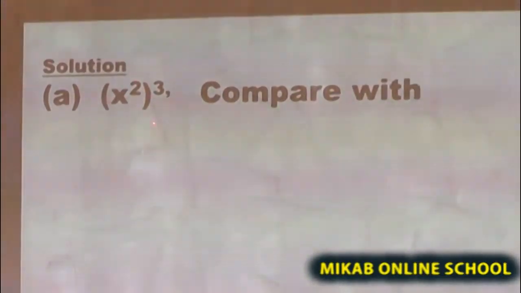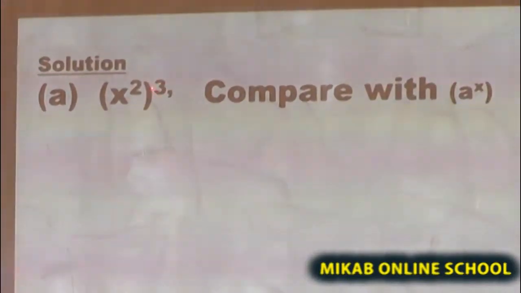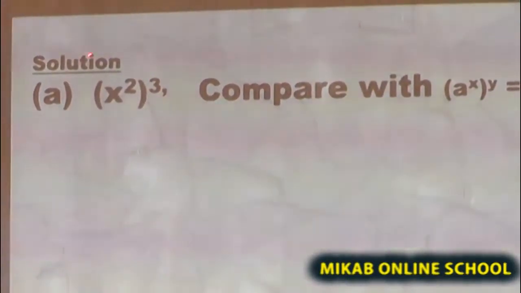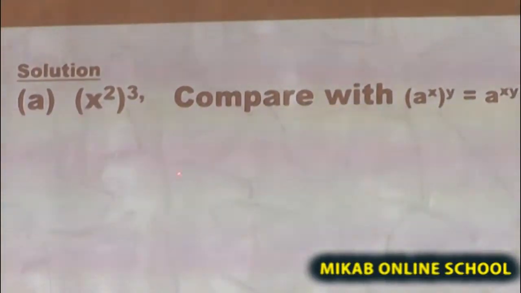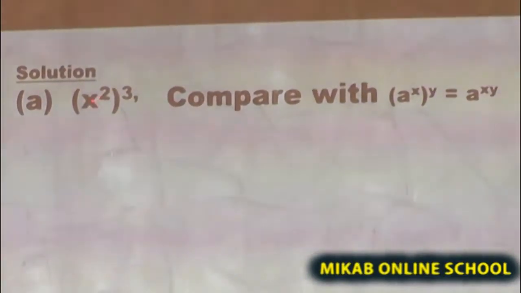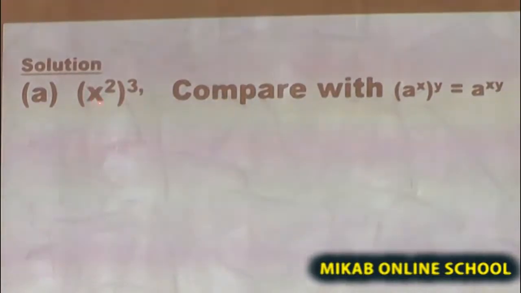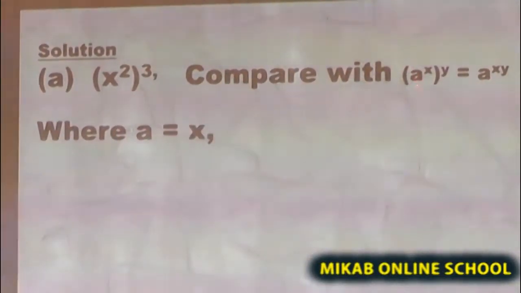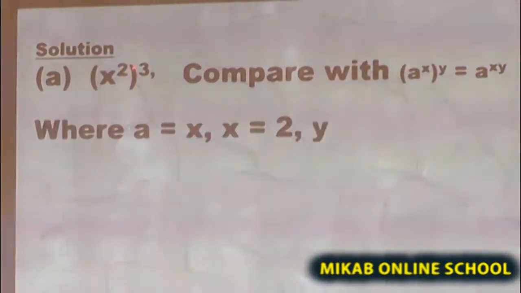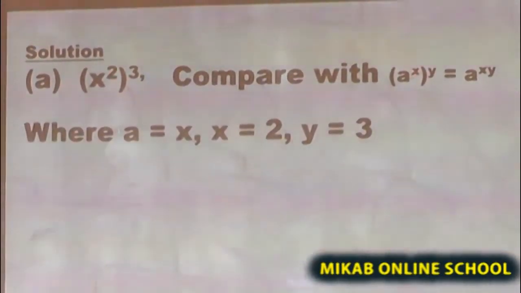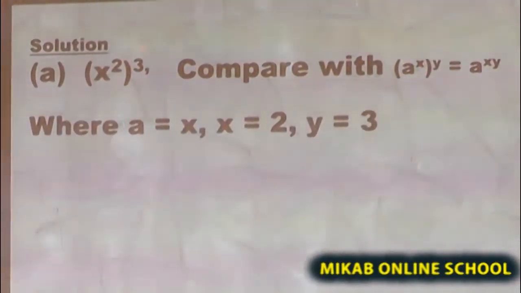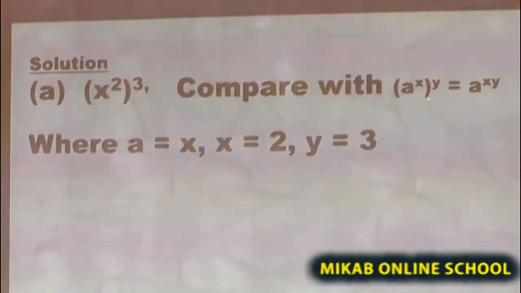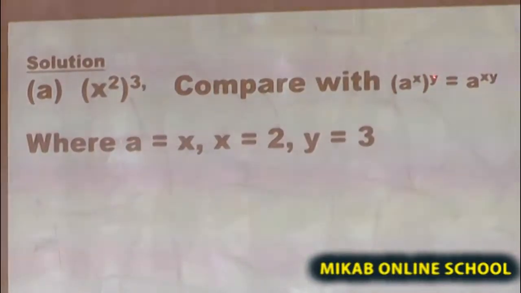Open bracket x raised to the power of 2 close bracket and open bracket all raised to the power of 3. If you compare this one to the power law, this our x is going to be equal to this a, this 2 is going to be equal to this x, and this 3 is going to be equal to this y.